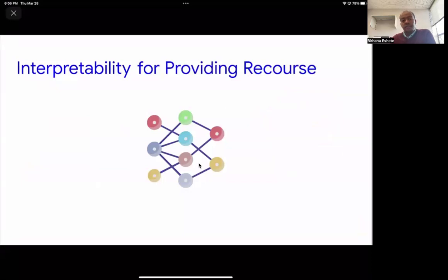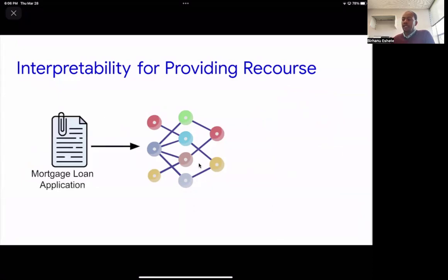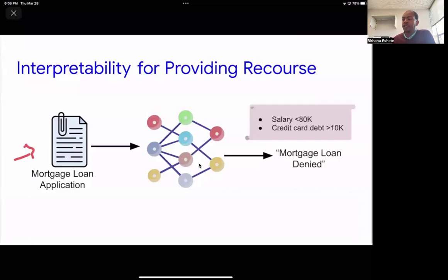Another use case is interpretability for providing recourse. So again, assume we have a model that is operating in the financial domain, for example, for deciding whether you're going to grant a mortgage loan to an applicant or not. So we have the mortgage loan application, which again can be translated into a feature vector and fed into the model, and the model would say mortgage loan denied.